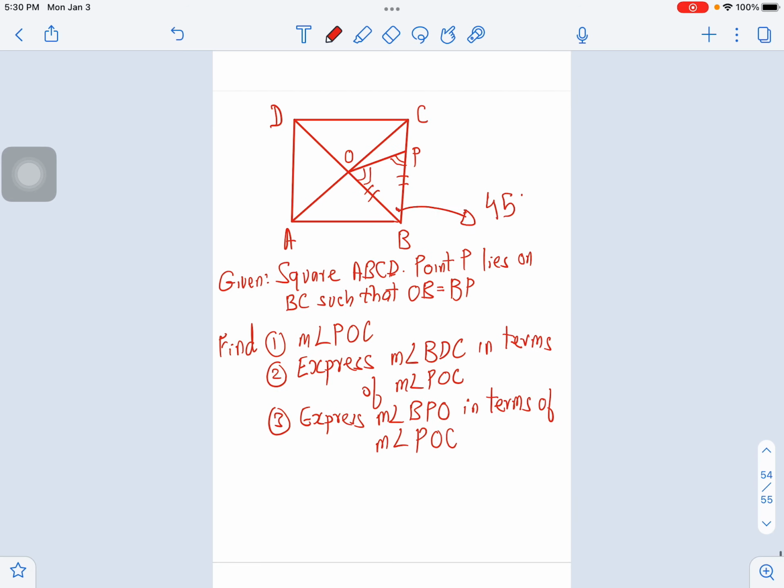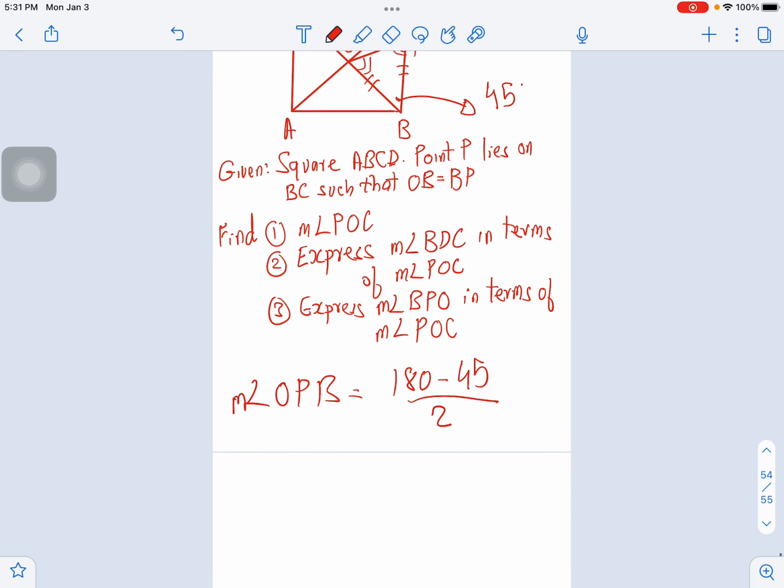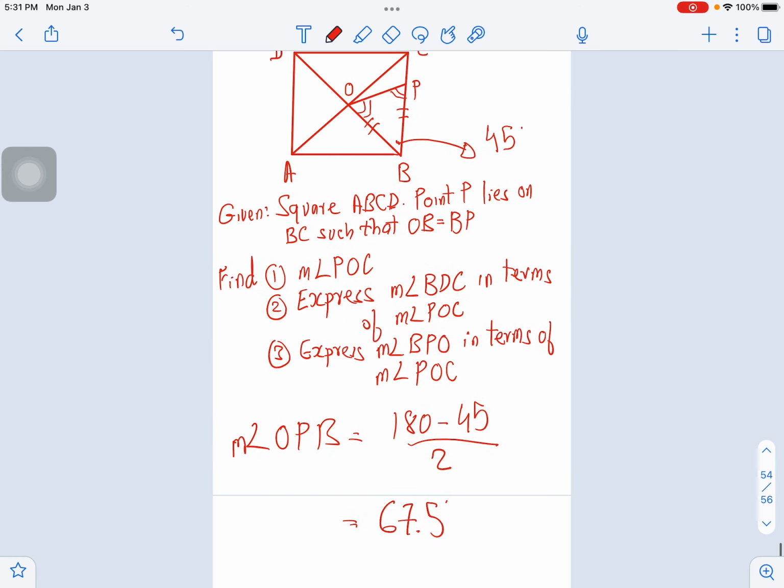And if that is the vertex angle of the isosceles triangle, angle OPB, measure of angle OPB equals 180 minus 45 degrees divided by 2, which is 67.5 degrees, right?